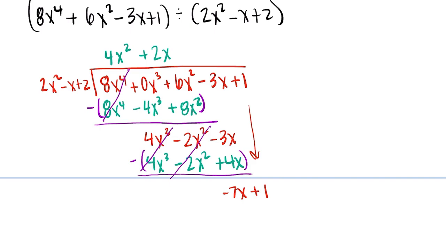And then I would try and repeat this again. I'm going to say, well, let's try and turn a 2x squared into a negative 7x. Can we do that without dividing by x? No. So this right here is my remainder.